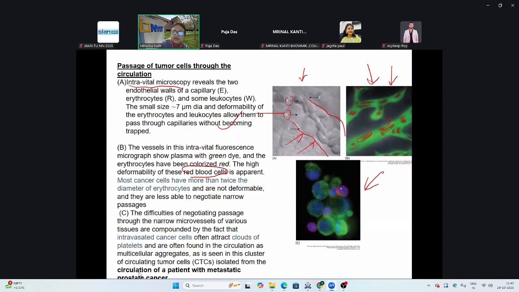And they have attracted some platelets, and they are now found attached. So they are found in the blood vessel, and then they are stuck in the blood vessel. And this is a prostate cancer patient in which they have been able to recover this whole thing from the blood vessel.